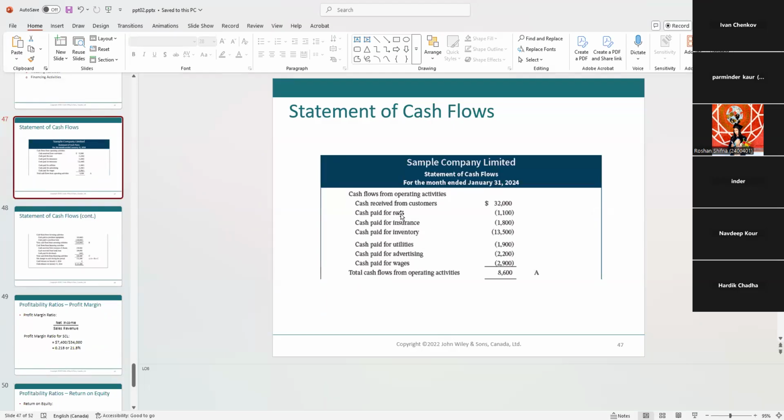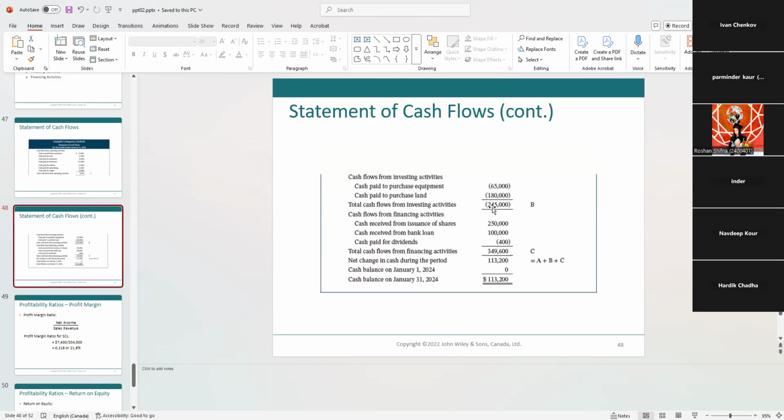The question is where that cash came from. As you can see here, $8,600 came from the operating activities. For the investing activity, we paid $245,000, so we invested in the equipment and the land. From the financing activity, from the investors we got $250,000.